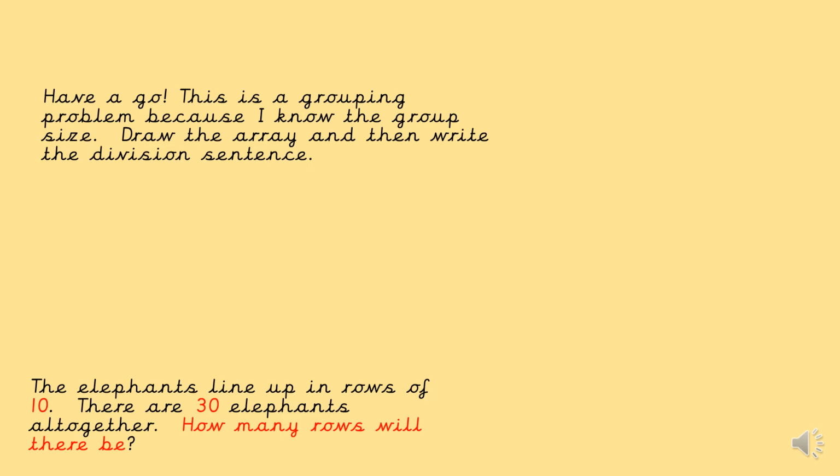So for this one, you might want to draw an array, a group of 10 elephants, and keep going until you've got 30. Remember, we wouldn't draw the actual elephant, we could just draw a dot. Or you could do a cherry, where you know the whole is 30 and draw the parts until you get to 30. Pause the video and have a go.